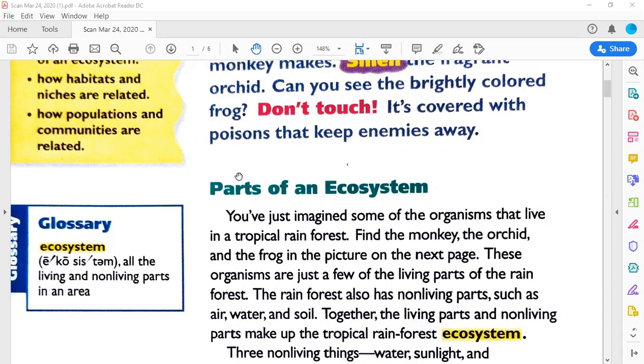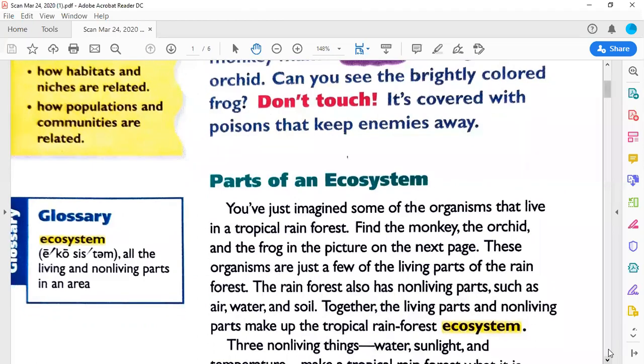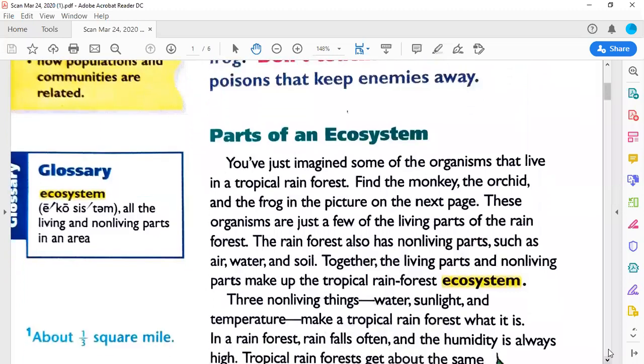Parts of an ecosystem. You have just imagined some of the organisms that live in a tropical rainforest. Find the monkey, the orchid, and the frog in the picture on the next page. These organisms are just a few of the living parts of the rainforest. The rainforest has non-living parts such as air, water, and soil. Together, the living parts and non-living parts make up the tropical rainforest. Three non-living things, water, sunlight, and temperature, make it a tropical rainforest.